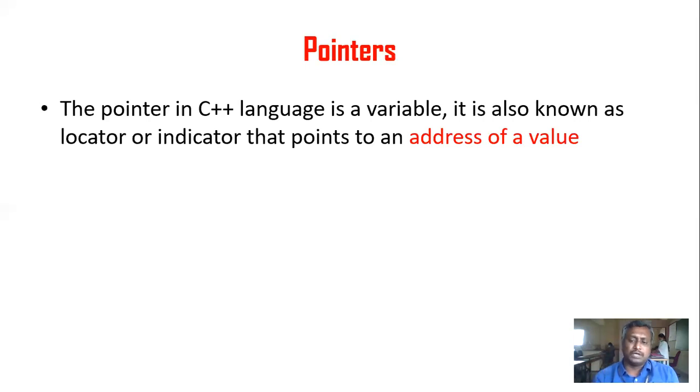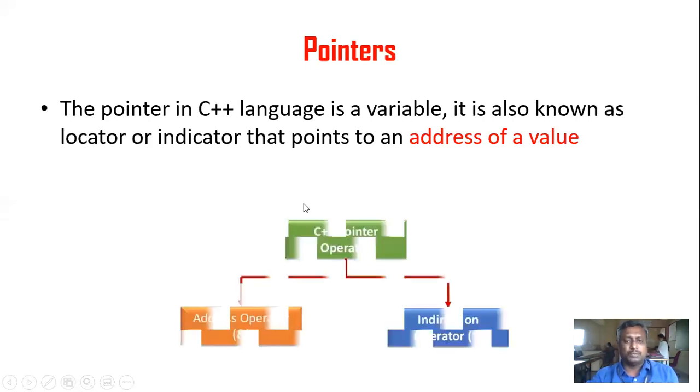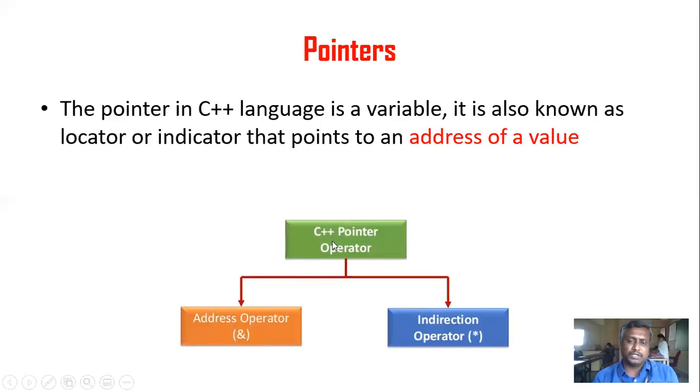Now, the usage of pointers basically uses two operators. One is called the address operator, to specify the address of the memory or the address of a variable. We use the ampersand symbol. Another operator is called the indirection operator. The indirection operator acts as a reference operator, or we can also say that it fetches the value.